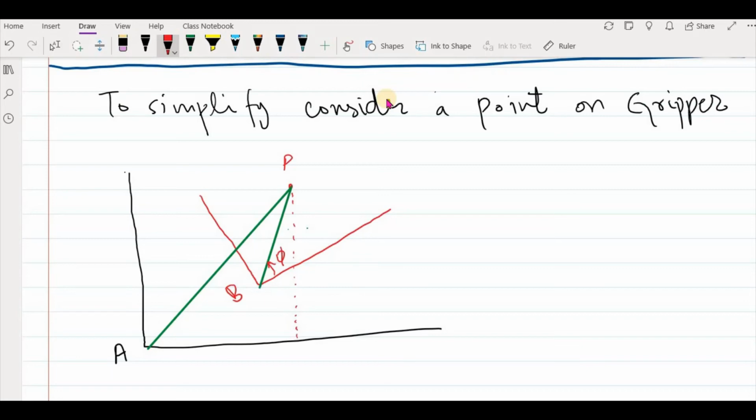And in frame A, this is a position vector which describes the position of point P in frame A. So now what we are interested in is finding the position of this point in frame A. So how can we do that?